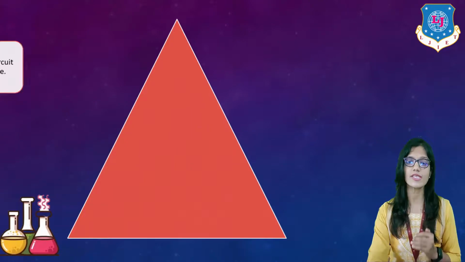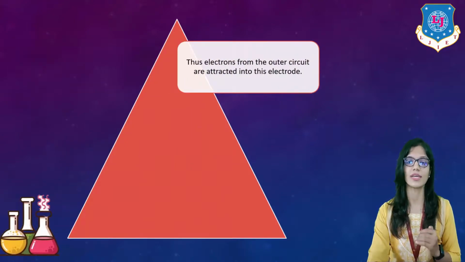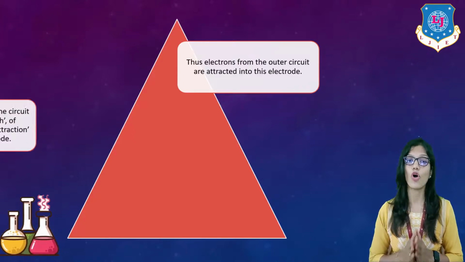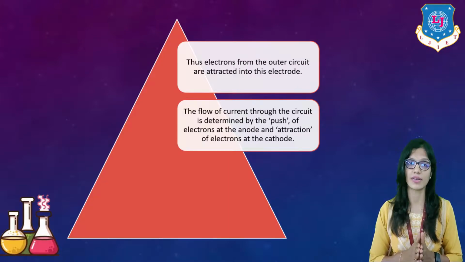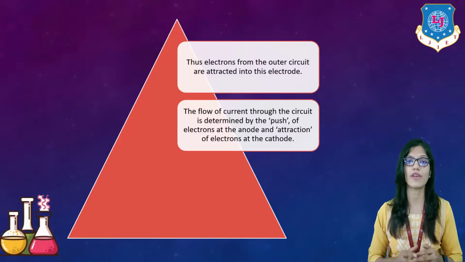Thus, electrons from the outer circuit are attracted to this electrode, and the flow of current through the circuit is determined by the push of electrons at the anode and the attraction of electrons at the cathode. Got it?